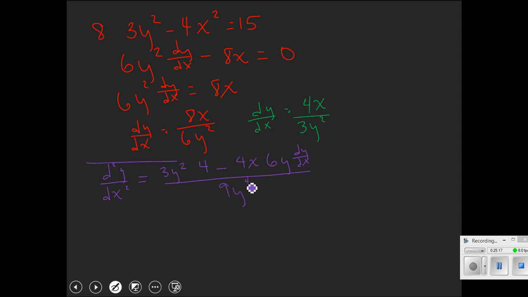So here's just the extra little trick that we have in here. You see that on the right-hand side we have a dy/dx. Well, we know what dy/dx is in terms of x. It's this 4x over 3y squared. So I'm going to rewrite it, and I'm going to replace it with that. So we have d squared y over dx squared equals 3y squared times 4.